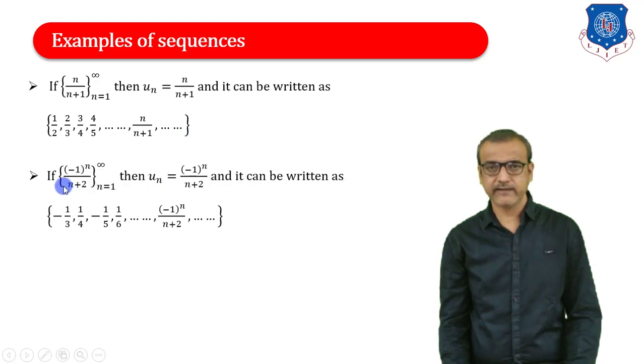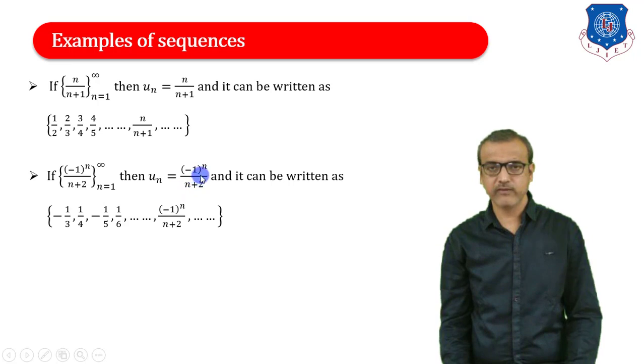Now this is the second example. Take (-1)^n upon n plus 2, where n varies from 1 to infinity. Then Un equals (-1)^n upon n plus 2, and it can be written as minus 1 by 3, the first term for n equals 1.